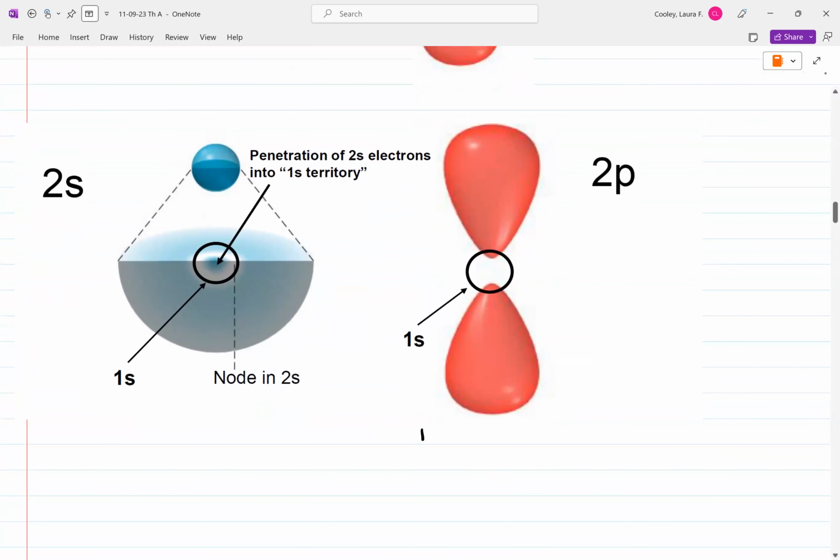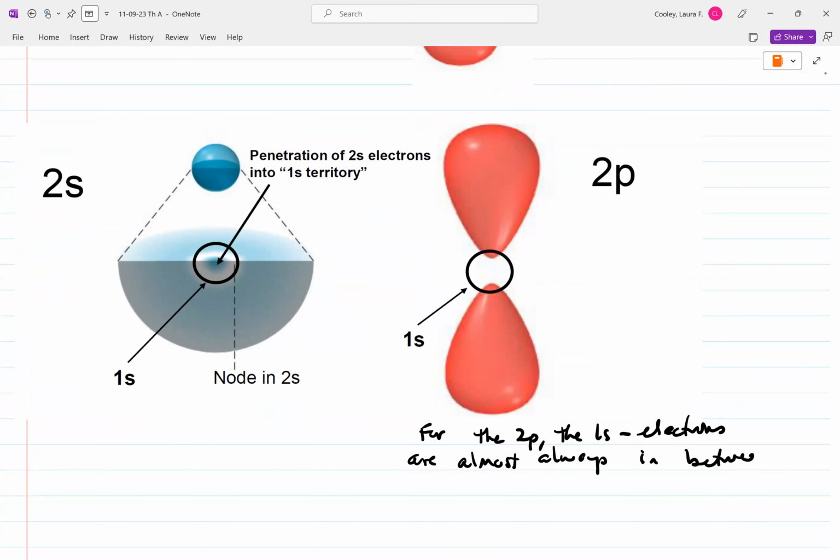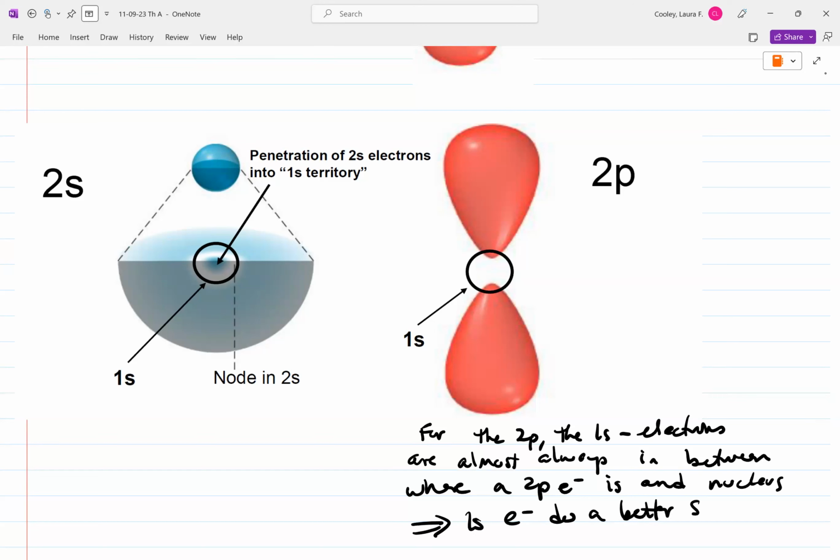And what you can see is that for the 2p, the 1s electrons are almost always in between where a 2p electron is and the nucleus. So the 1s electrons do a better job of canceling some of that nuclear charge for the 2p.